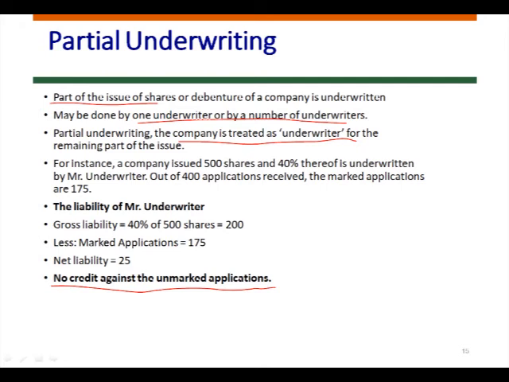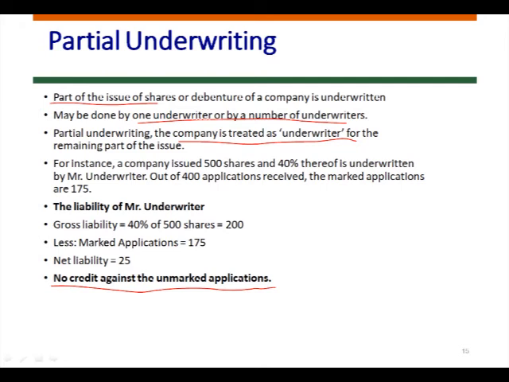In case of partial underwriting, there will be no credit against the unmarked applications. In case of full underwriting, we give them the credit of unmarked applications, but in case of partial underwriting, we will not give them any benefit of the unmarked applications.